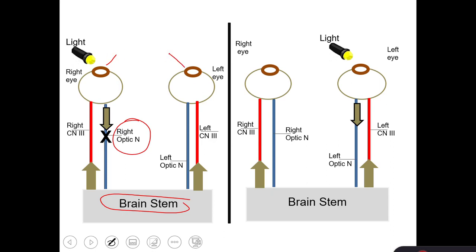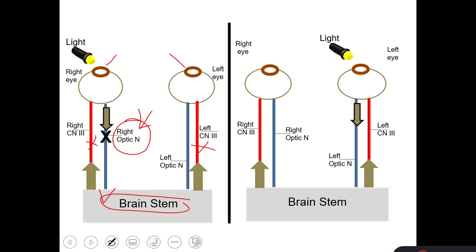This means that either there is a problem here in the right optic nerve, or maybe the right optic nerve is okay and is able to get the signal here to the brain stem. However, both oculomotor nerves are damaged, which is less likely.